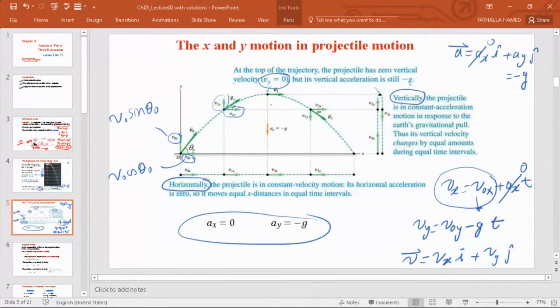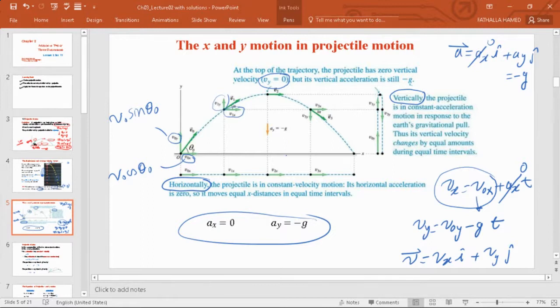That's why in a projectile motion, the velocity at the highest point in your trajectory is not 0, because it has an x component. But it is right to say that the y component of the velocity at the highest point is 0. But it's not like the 1D free fall. In 1D free fall, at the highest point, the velocity is 0 because you only have a y component, a vertical component.